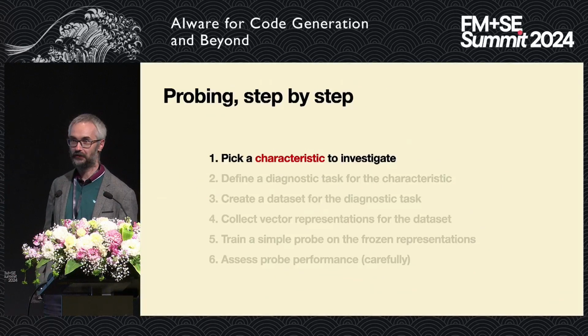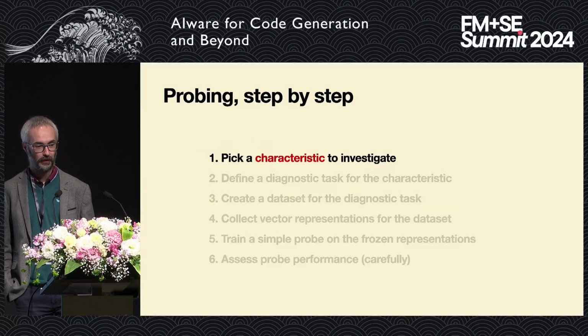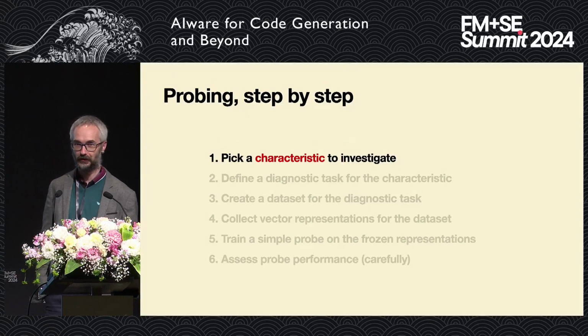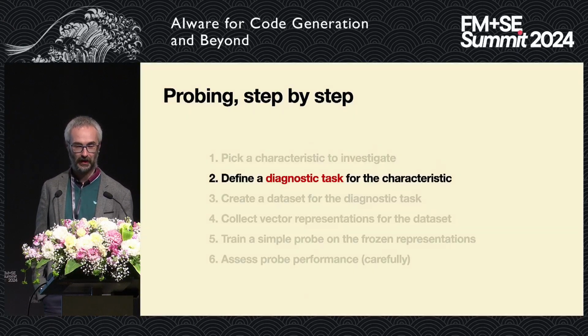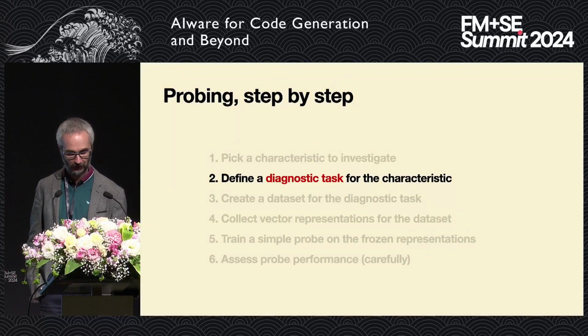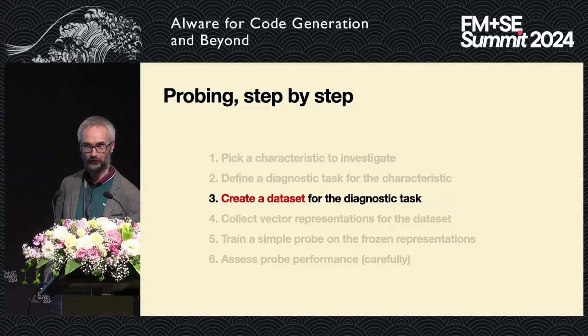To make that more concrete, step by step: you would pick a characteristic that we want to investigate. We define some kind of diagnostic task that would exhibit this characteristic. We create a dataset for this diagnostic task.